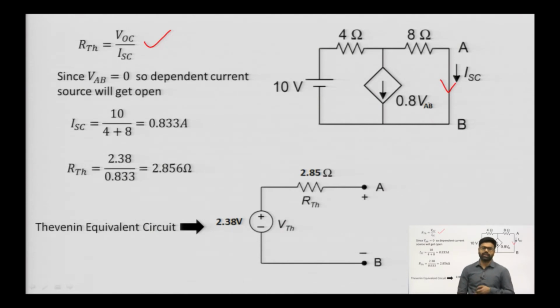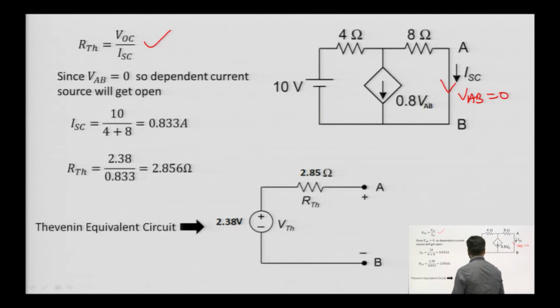First, short circuit the terminals for which we need to find RTH, then find the short circuit current across this, and then RTH will be equal to VOC divided by ISC. Now, we have short circuited the A and B terminals, so the voltage across AB will be equal to 0.